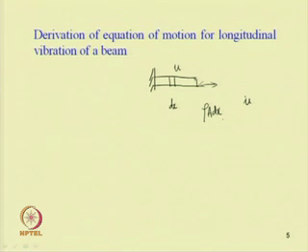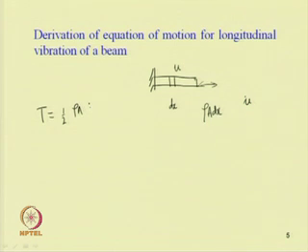Using the extended Hamilton principle, first we should write all the energy terms. Let us first write the kinetic energy T. For the small element it is rho A dx times half the velocity squared.